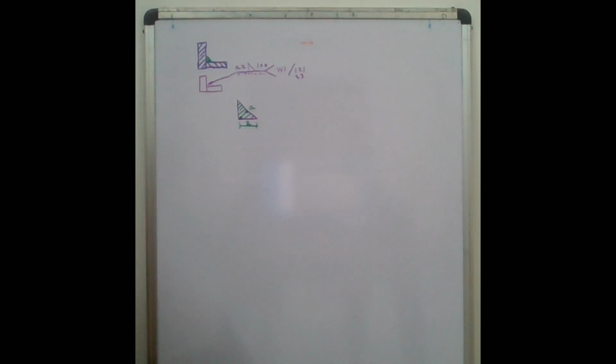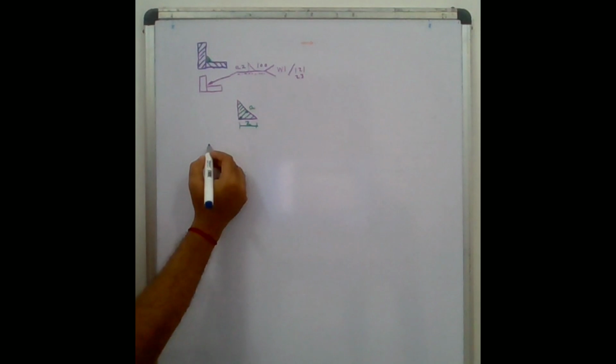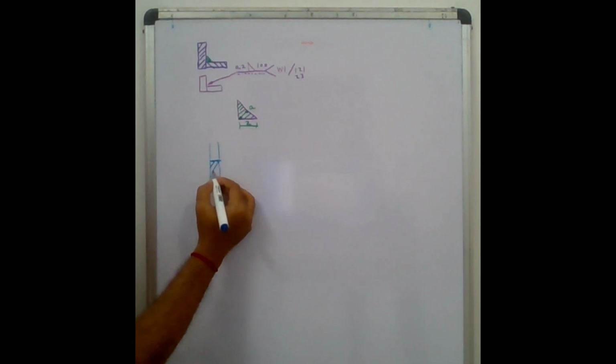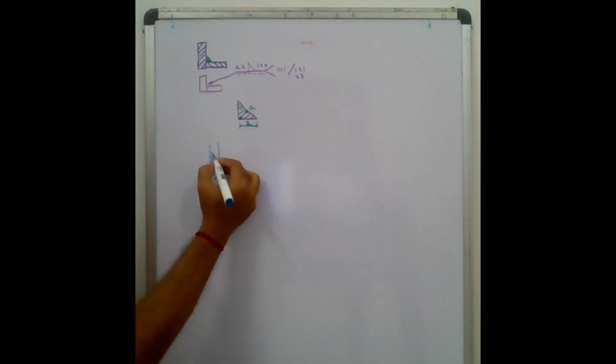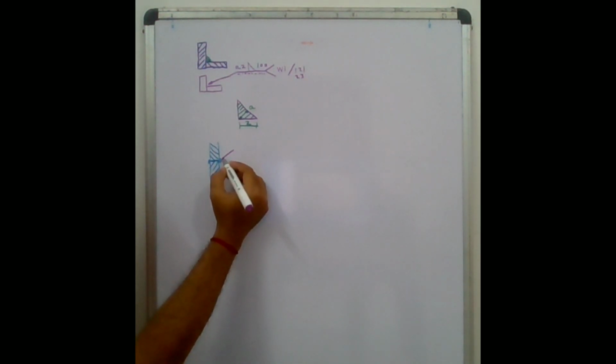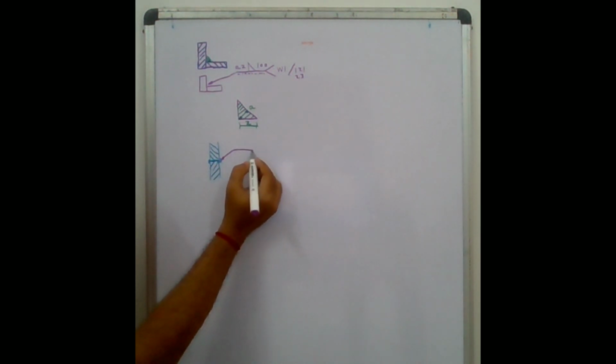Now if we have two plates to be welded together like this, and we need a butt weld on both sides, then we can mention it like this. We can show the arrow, then we can show the butt weld symbol.